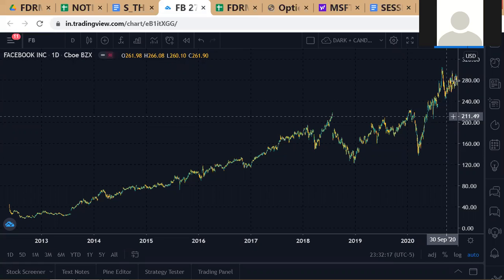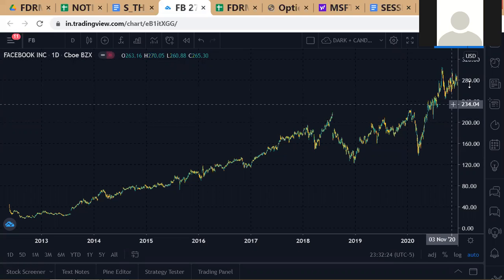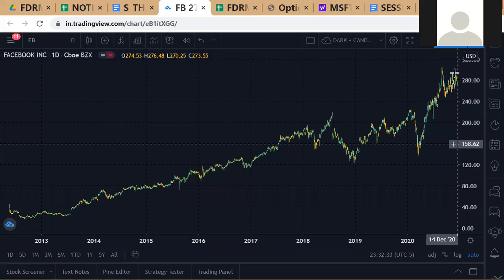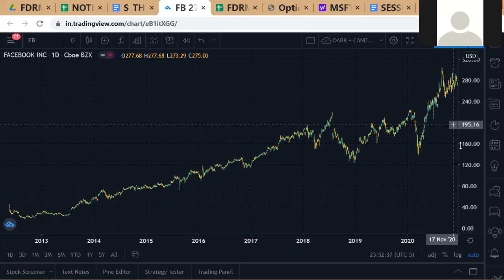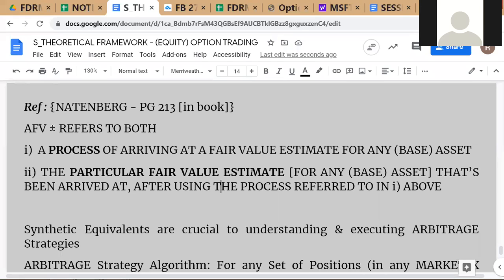I may project its earnings for the next 20 years, discount those earnings, and come up with a fair value estimate for Facebook which says that the fair value is only $160, and at this price Facebook is significantly overpriced relative to my estimate of fair value. So it can either refer to the process, or to the particular fair value estimate that is being arrived at.